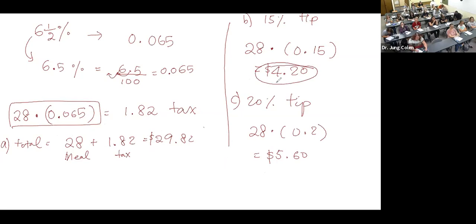You are paying that plus the actual meal cost, $28, plus the tax, right? So that's the total cost. If it's asking you to find the total cost, you need to consider all that, okay? So in a problem solving situation, you need to understand what the situation is and what it's asking you to figure out. Okay? Any question or comment?